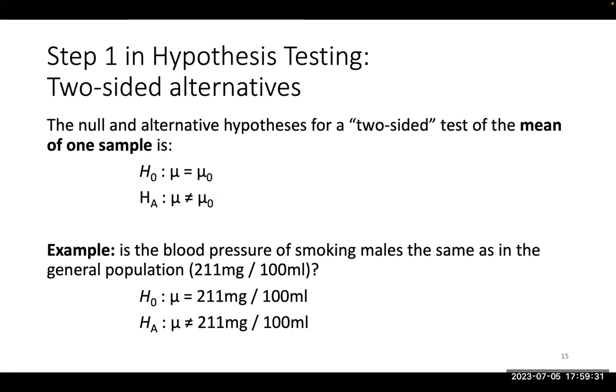The reason why it's labeled as mu is because it's meant to show that it's derived from the population. It's drawn from the population. And the alternative hypothesis, mu is unequal to mu zero. So an example here could be, is the blood pressure of smoking males the same as the general population? So actually it should be cholesterol, not blood pressure, but there would be a numerical comparison, essentially.